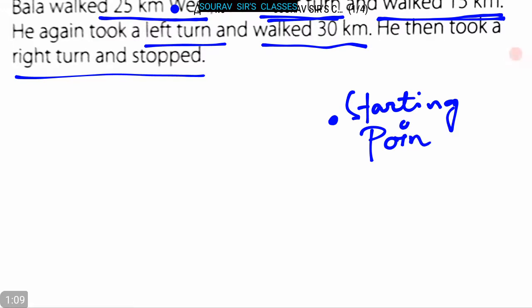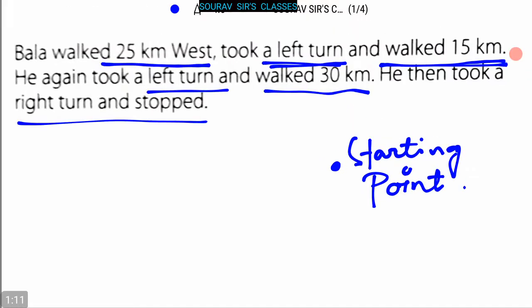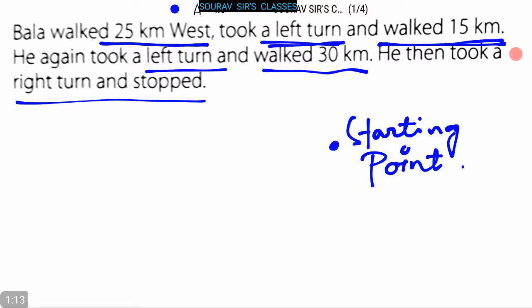Let's assume that this is the starting point. Now from this he walked for 25 kilometers west.